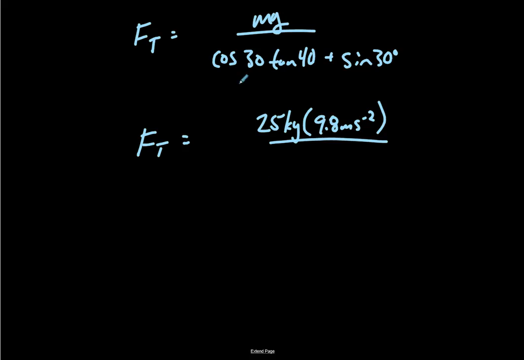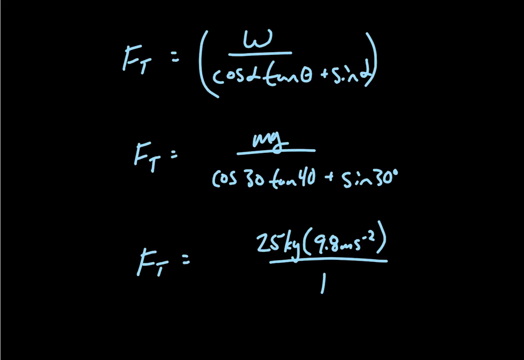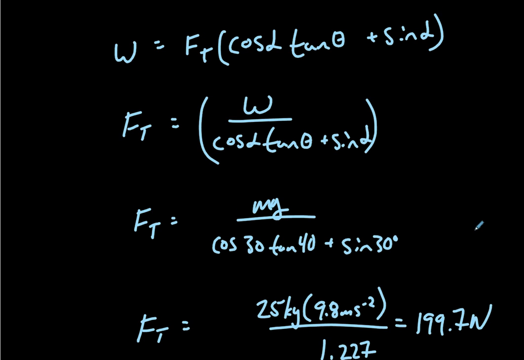I'll just have to do some calculation. Sorry, just rechecking. I just put it in wrong. It's 1.22. There we go. Okay, perfect. And that agrees with what we did before. So this is legit. Yay. So I get about 199.7 newtons.